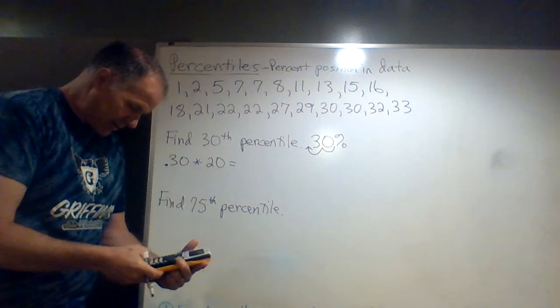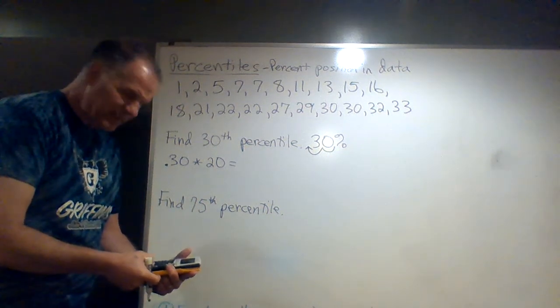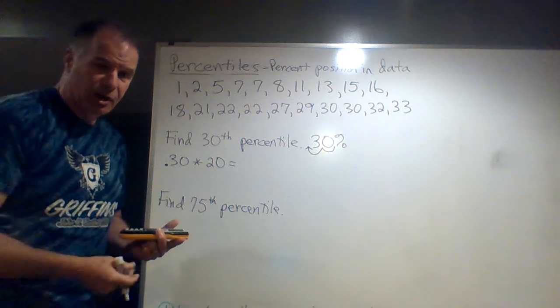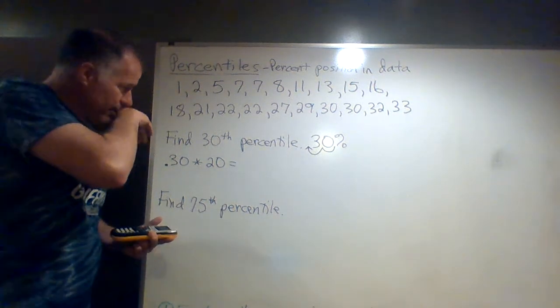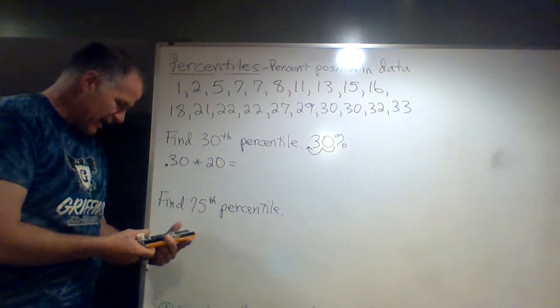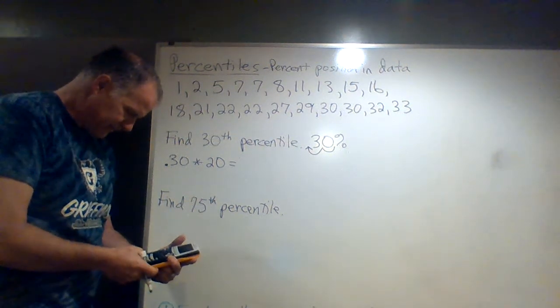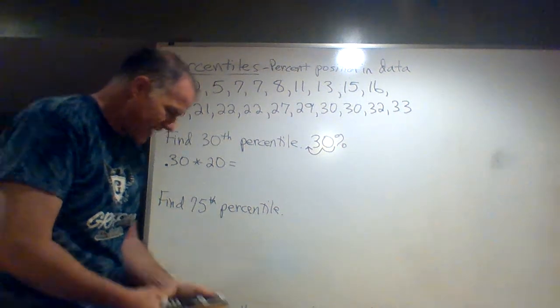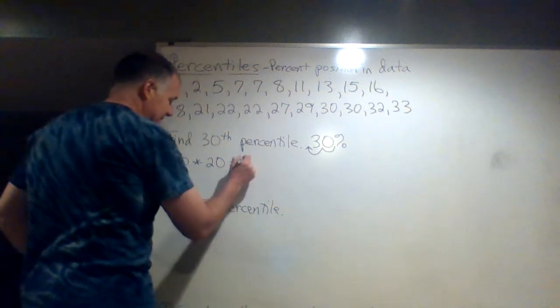Grab your calculator. Remember, guys, there's a Google calculator that you can pull up on your Chromebook to do all this, or use your phone. Most people have all this on their phone, but I'm just mentioning that. So 0.30 times 20 is 6.